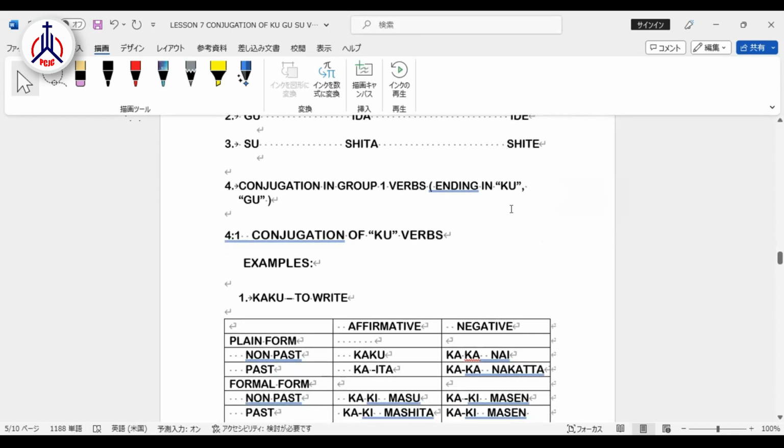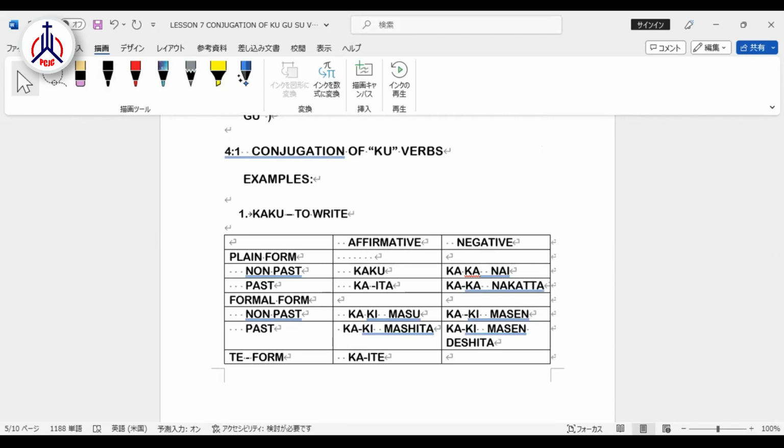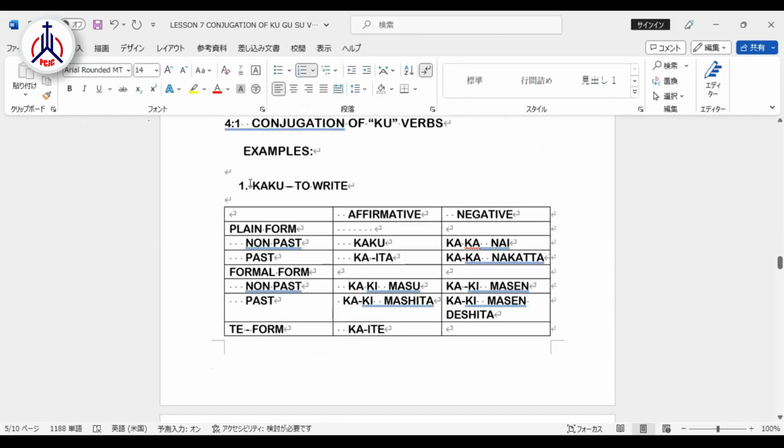So let's have an example so that you would understand much more. Conjugation of group 1 verbs ending in ku and gu. Let's conjugate the word kaku, which means to write.